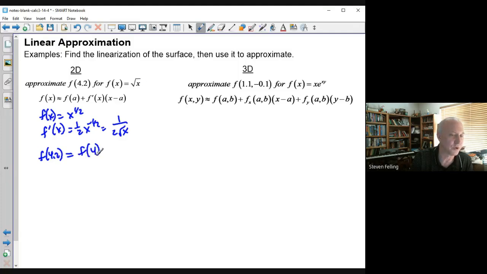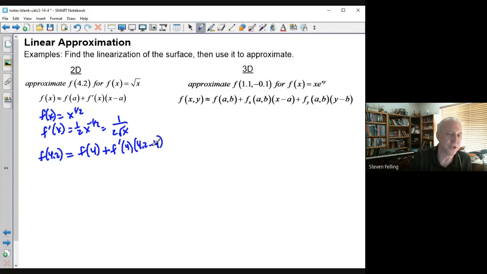I can take the square root of 4 easily, but then I'm going to have to add on f prime at 4 times how far away I actually am, so f prime at 4 times 4.2 minus 4.